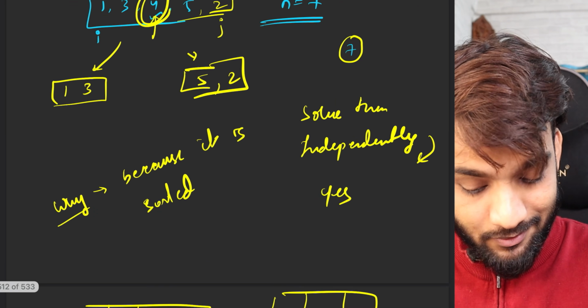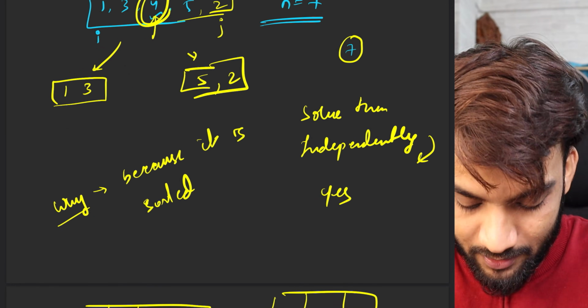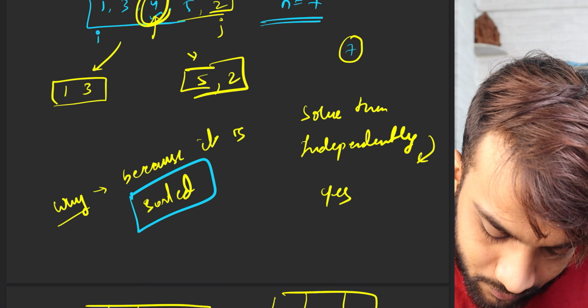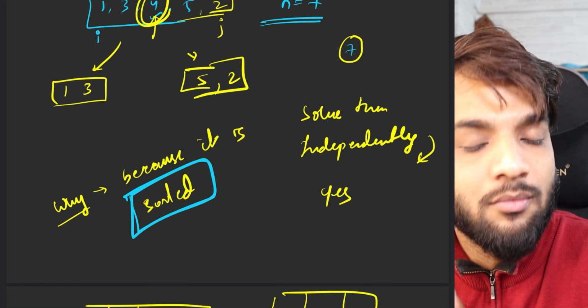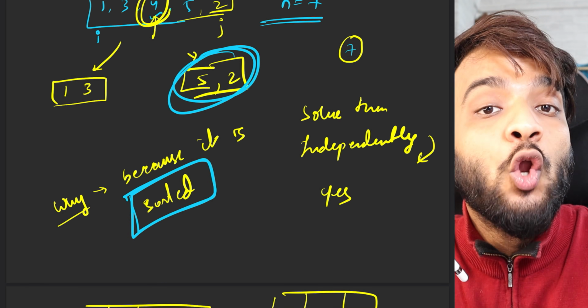So you're dependent on the left stick. Thereby, it's very important to have it sorted, so that whenever you solve a sub problem, they will not be dependent.